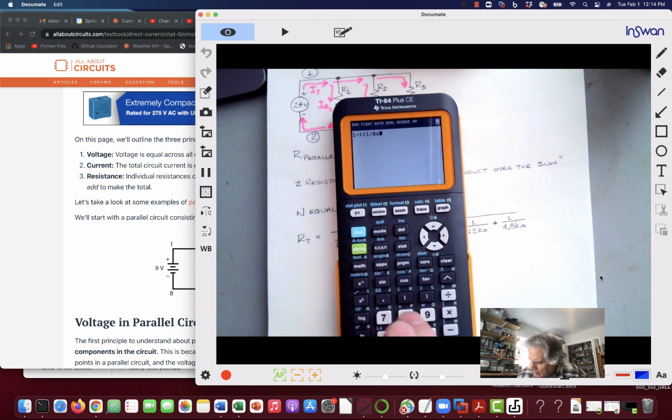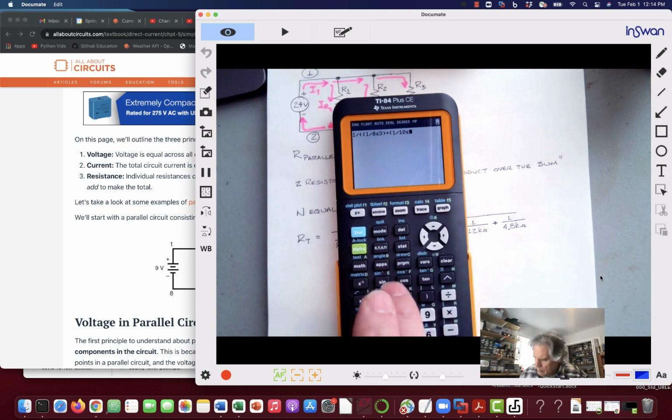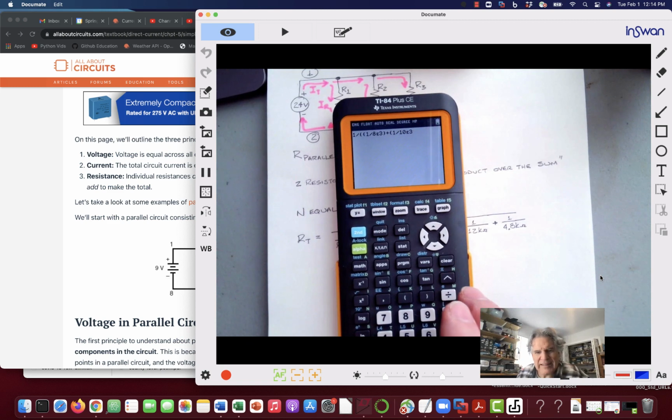I'll go second EE3, 8k ohms, end of parentheses, plus the quantity 1 divided by 10k ohms. Remember, k is kilo, means 10 to the 3. It means 1,000.